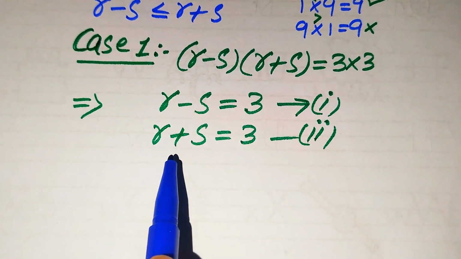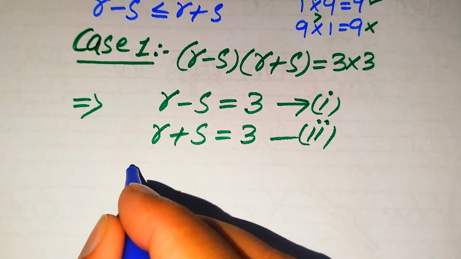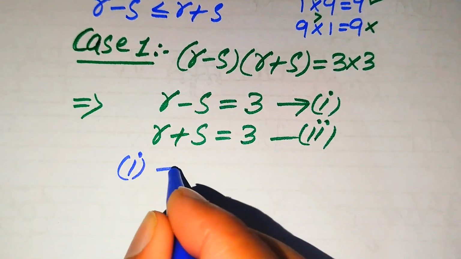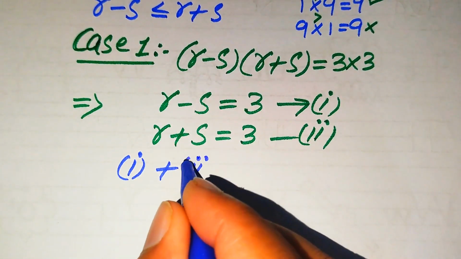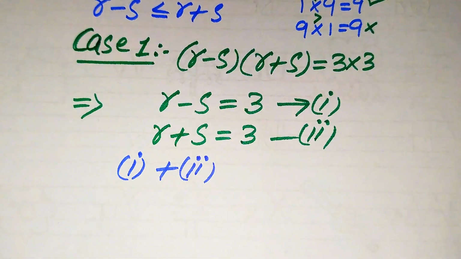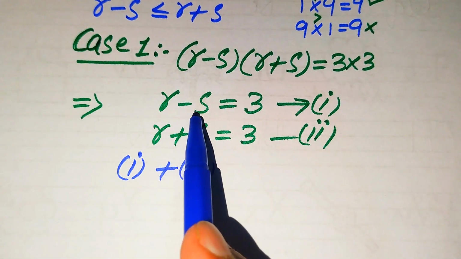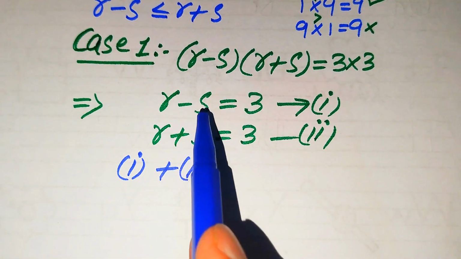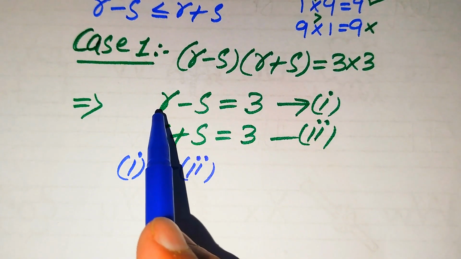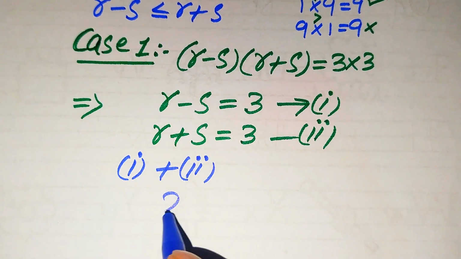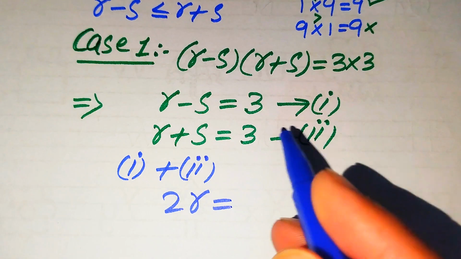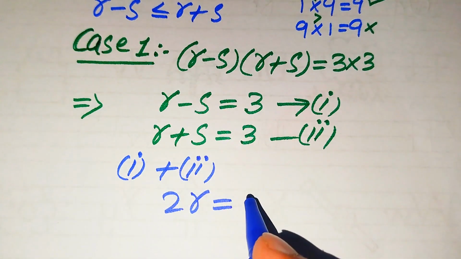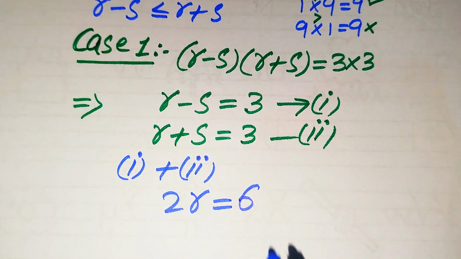So first we find the value of r, and for this we need to sum equation number 1 and equation number 2. Here we just add these two equations, and you see this minus s and this plus s cancel out each other, and we get r plus r becomes 2 times r, and here we have 3 plus 3 becomes 6.